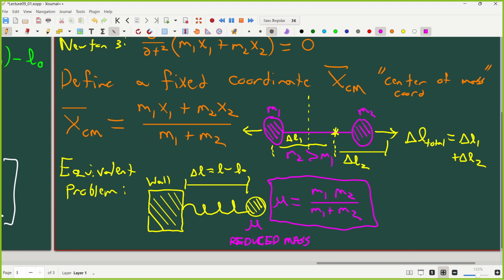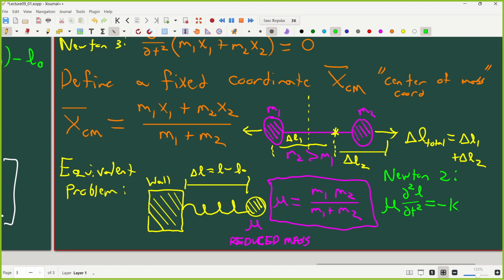So Newton 2 now is this effective mass, mu, F equals ma, so we have m, which is mu, times a, which is d squared L dt squared, is equal to minus k times L minus L naught.